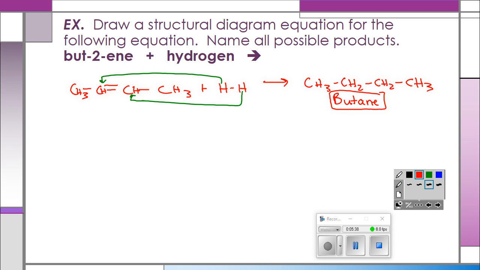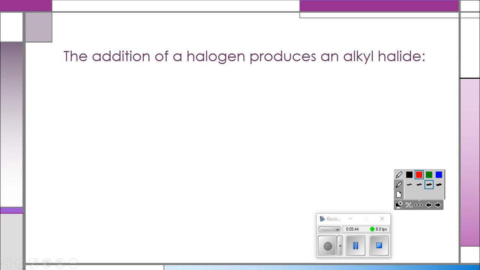Another small molecule that I could add could be a halogen. So if I'm adding a halogen, I'm going to take my double bond and I'm going to add whatever the halogen is. I'll just represent it with X's here.